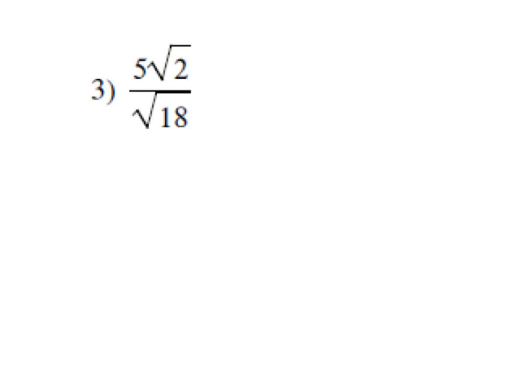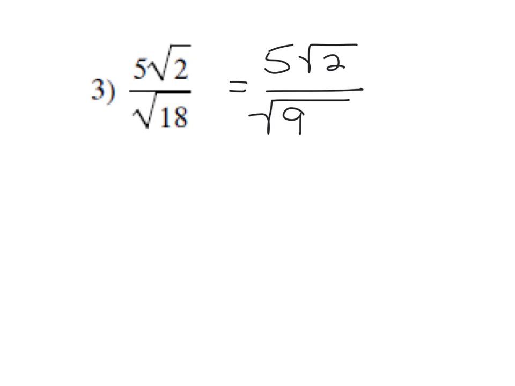Okay, now let's look at number 3. Here we have a radical in the denominator. I'm going to go ahead and simplify that first. So I have a 5 root 2 in the numerator and a radical 18 in the denominator, but I'm going to go ahead and simplify that to 9 times 2. I can take the square root of 9.